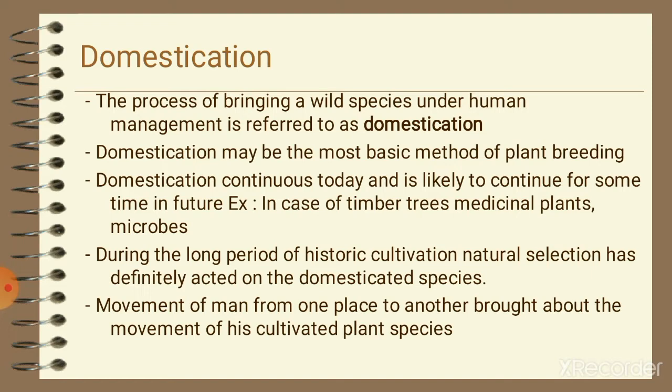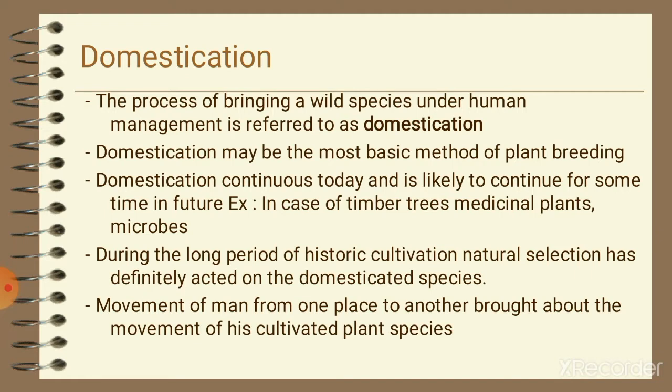So, domestication is the process of bringing a wild species under human management. Domestication is considered the most basic method of plant breeding. Domestication is continuously going on today and is likely to continue in future.